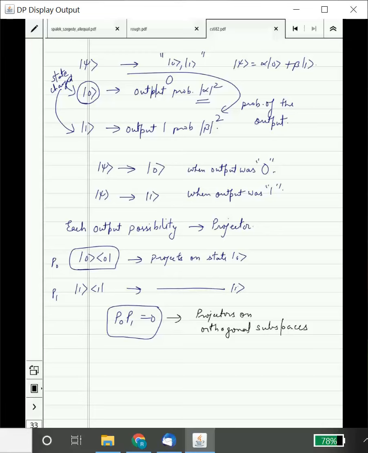In this measurement, we noticed that for measurement, our state should get projected into some subspaces, and in our case, the subspaces were actually orthogonal to each other. This was the simple case, and we will define a general projective measurement just by taking these properties.